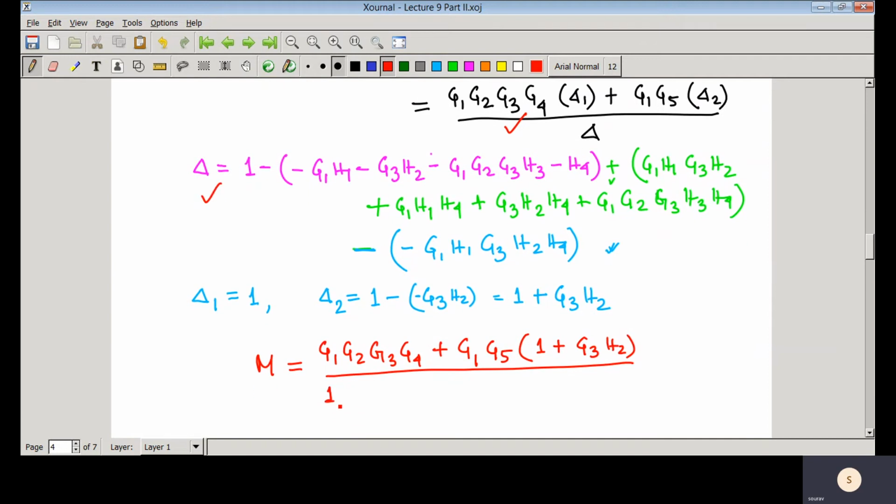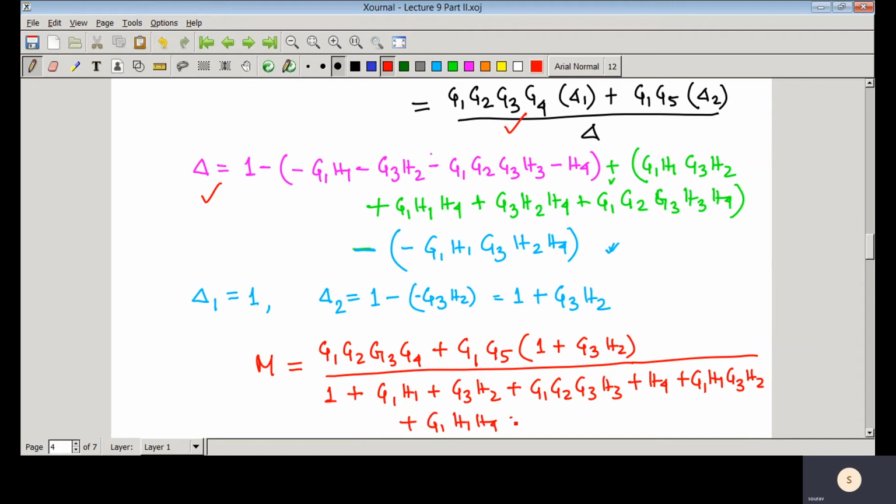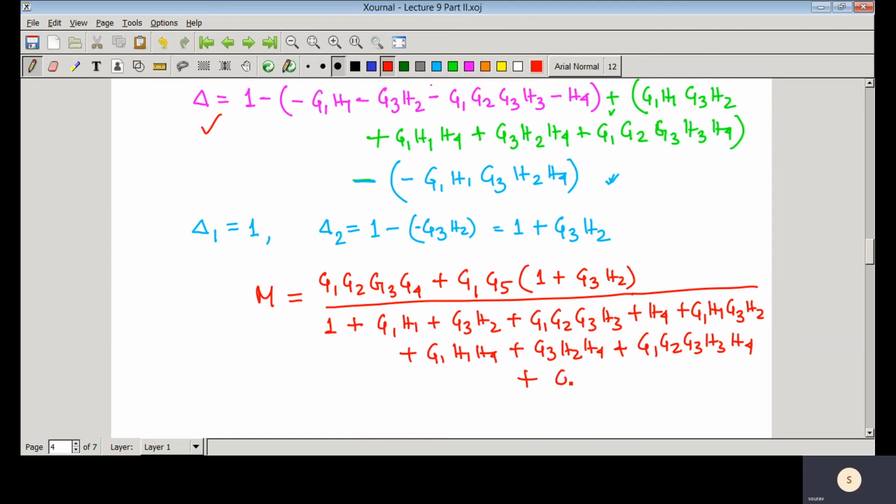This one: 1 plus G1 H1 plus G3 H2 plus G1 G2 G3 H3 plus H4, and then G1 H1 G3 H2 plus G1 H1 H4, G3 H2 H4, plus G1 G2 G3 H3 H4 plus G1 H1 G3 H2 H4.